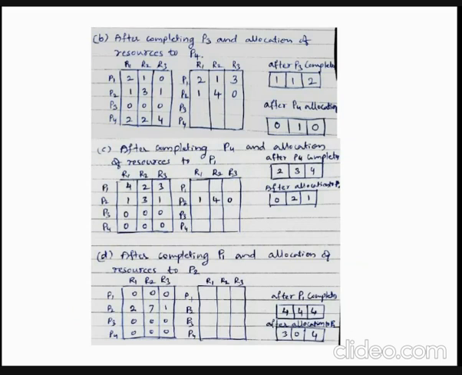But in case any process is left out, where we cannot satisfy the resource request condition, in that situation, we assume that particular process is in a deadlock state. I hope you are understanding this problem. Students, just go through the video once again, you can understand.